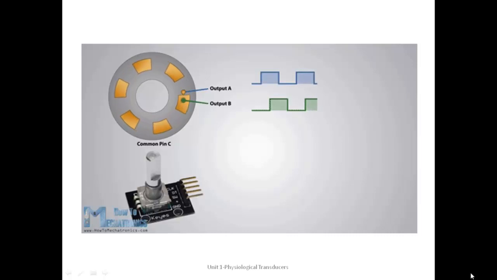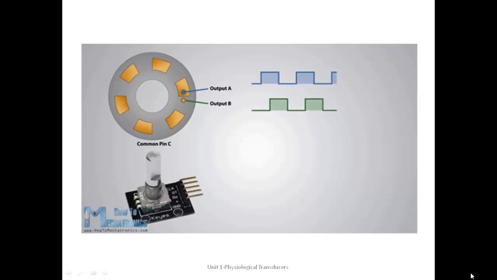That means the movement is taking place clockwise. You can see there is a slight delay in the green wave. That means the blue pin comes in contact with the conducting material first. That shows it is a clockwise movement.